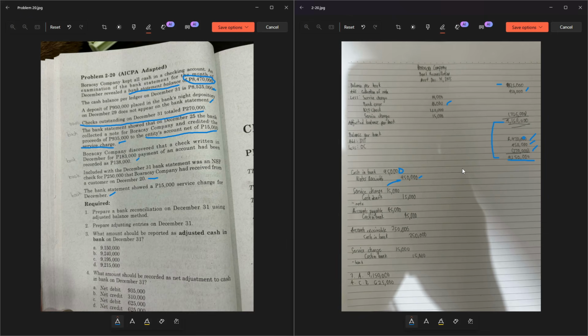So if gawin natin siyang compound, maging 950, 935, 15. This is the cash in bank. This is the service charge. And then the notes receivable of 950k. So that's the explanation kung bakit yan.